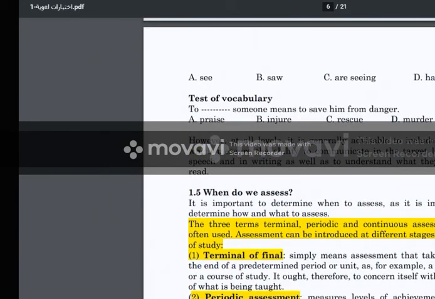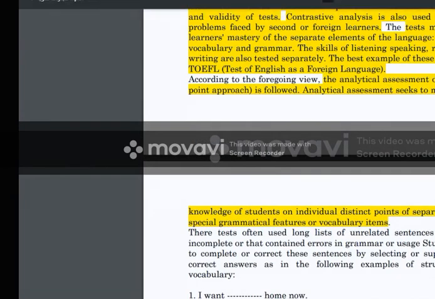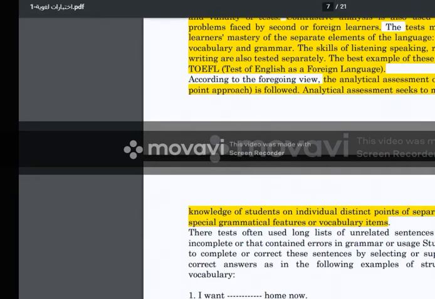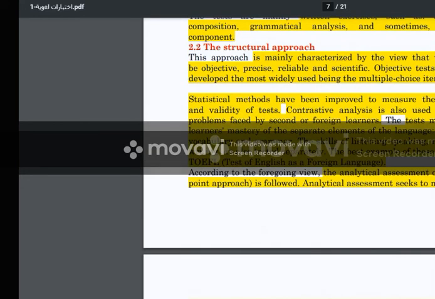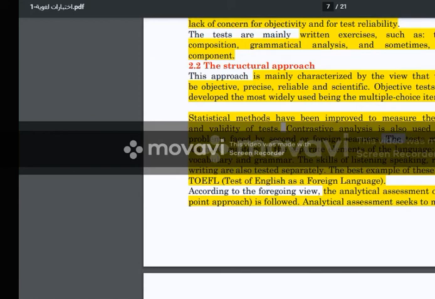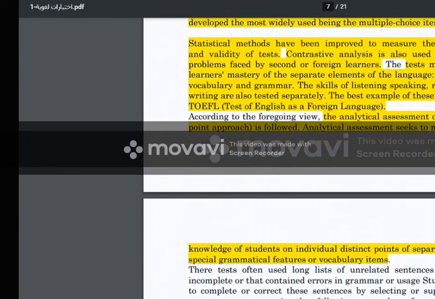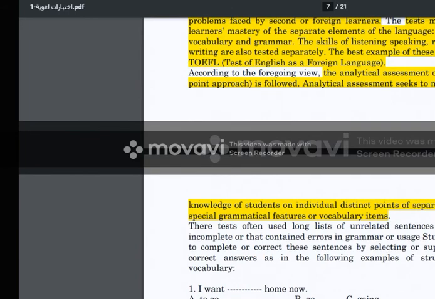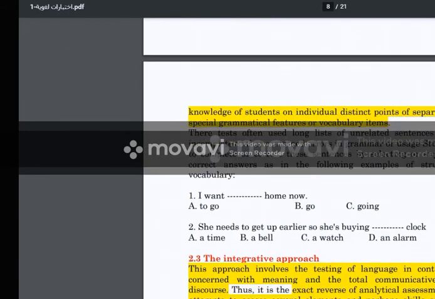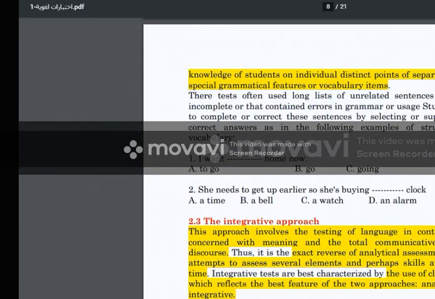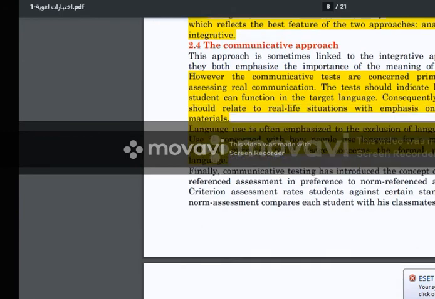So this means that the students' recognition is more important than production, where the students produce a specific utterance.